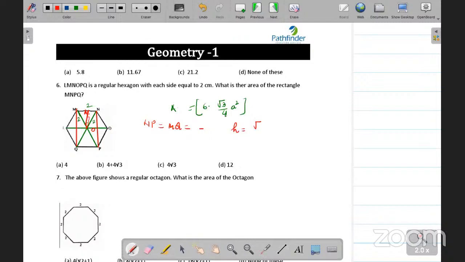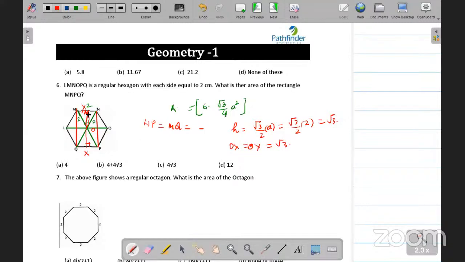Height in an equilateral triangle is root 3 by 2 into a, which is root 3 by 2 multiplied by 2, which is root 3. And on the other side, again a perpendicular. Let us call them OX and OY respectively. So OX is equal to OY is equal to root 3.